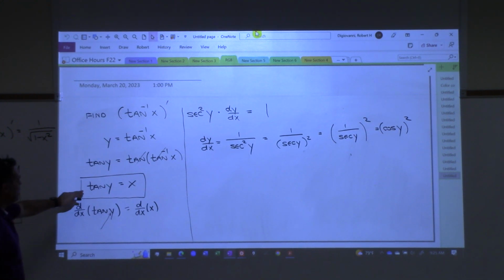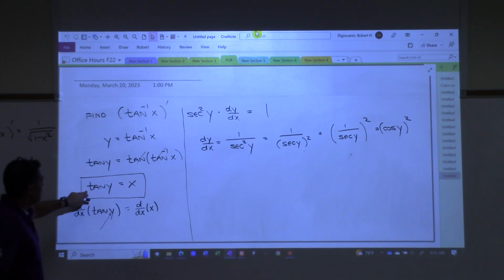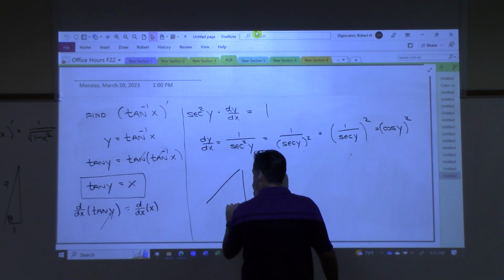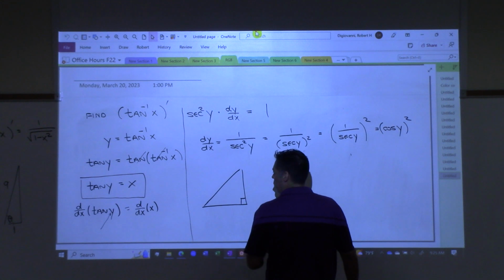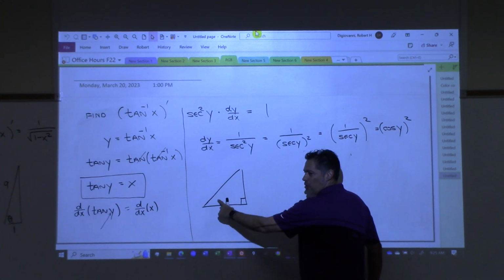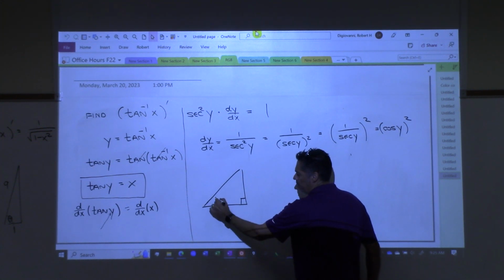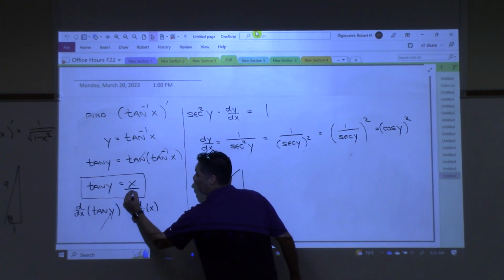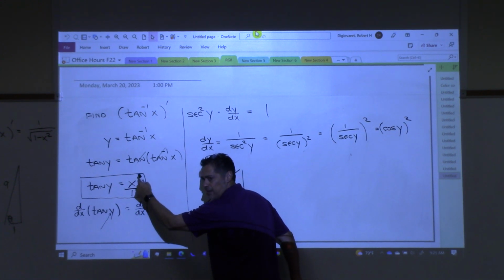So there's where my triangle is going to come from. I'm going to draw my triangle. What do I call that angle? Y. Okay. And tangent, SOHCAHTOA, is which side? So I'm going to create the fraction again. I can always do that, right? This over 1.